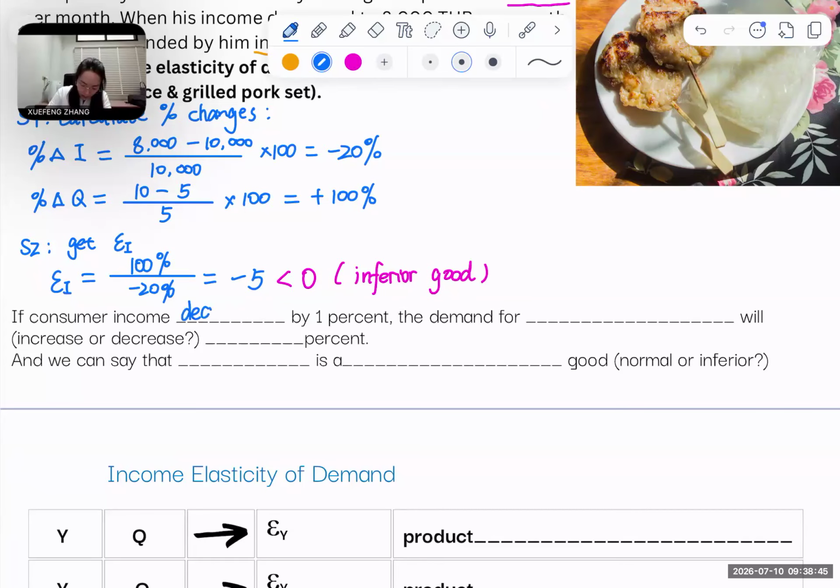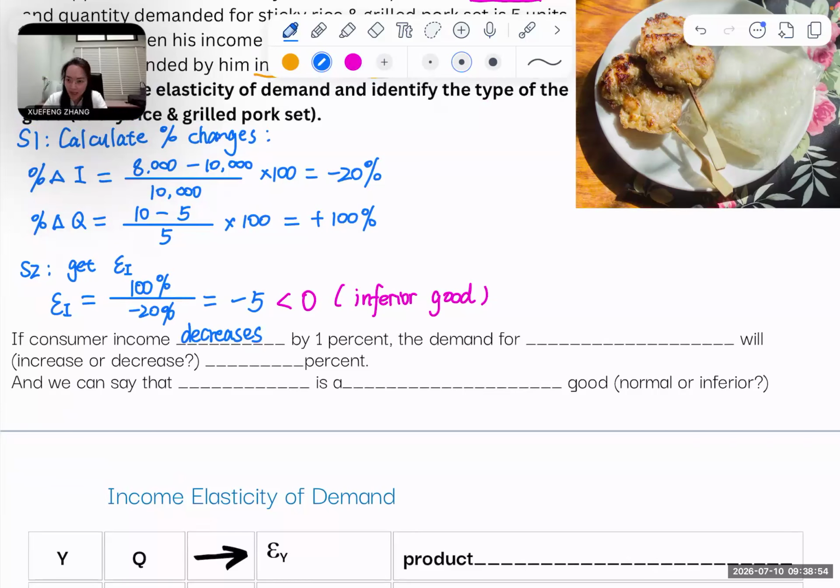If consumer income decreases by 1%, the demand for sticky rice and grilled pork set will increase or decrease.